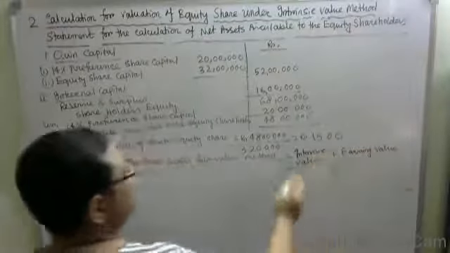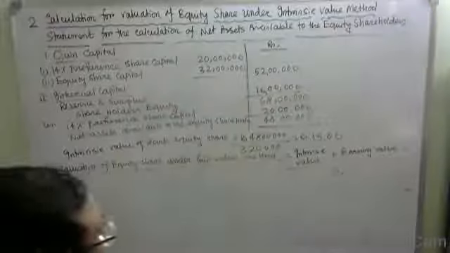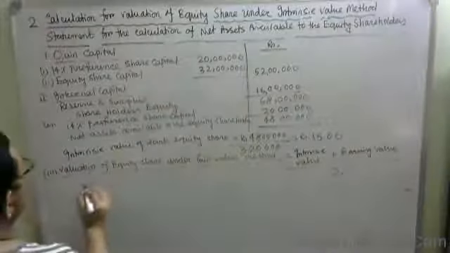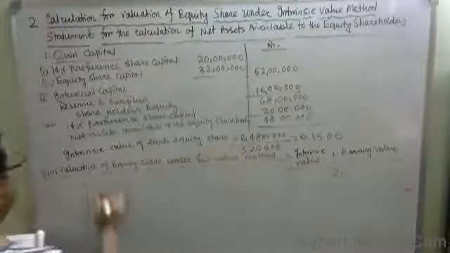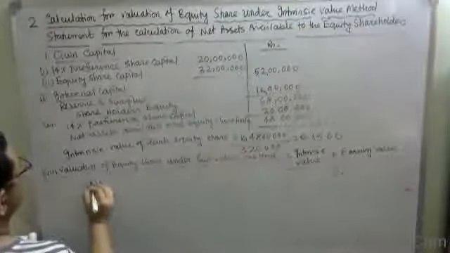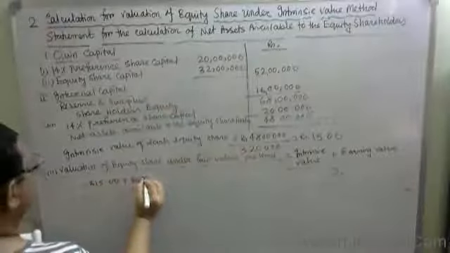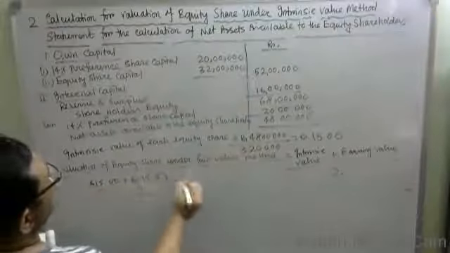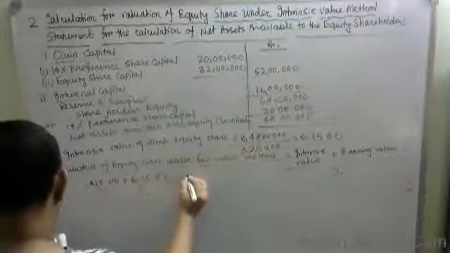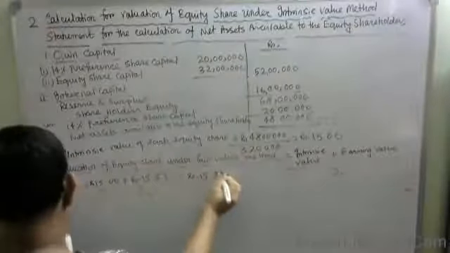So it is the average of the last two methods which we have already calculated. So the answer is rupees 15 plus rupees 15.57 divided by 2 equals rupees 15.28.